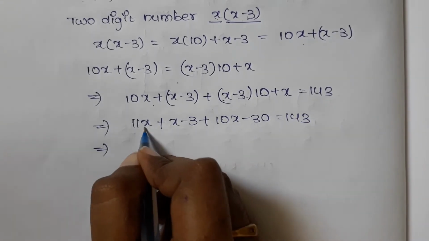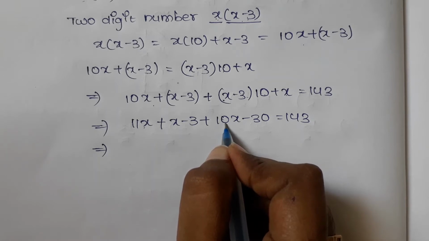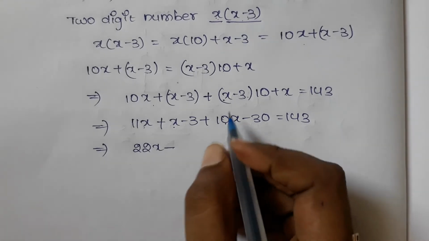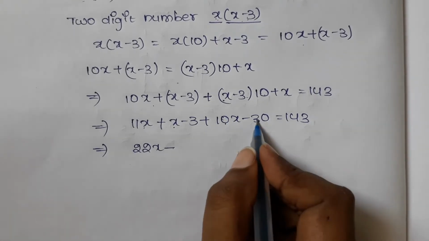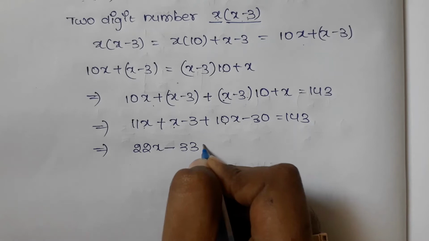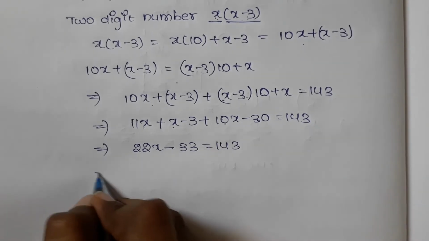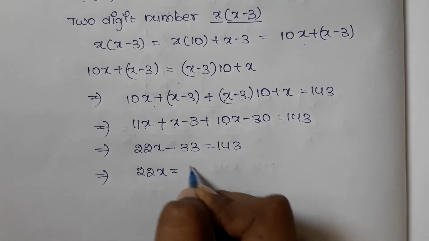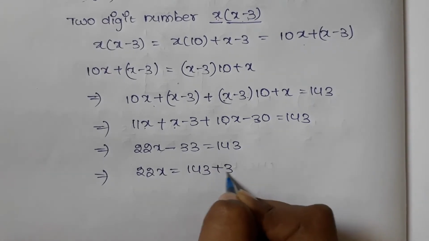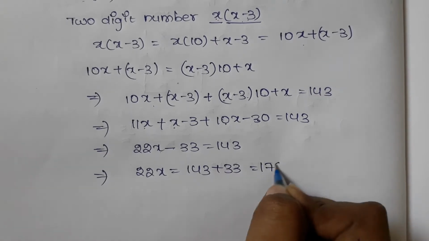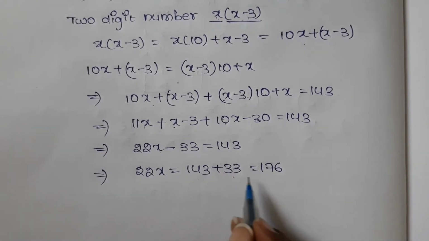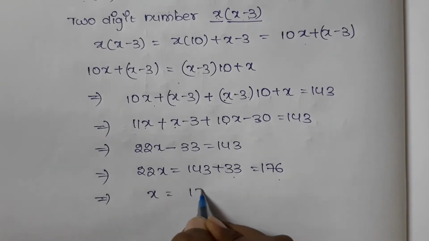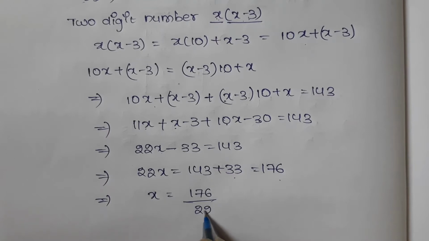Now 11x plus 10x is 21x, plus x is 22x, minus 3 minus 30, that is minus 33, equals 143. Now let us find the x value: 22x equals 143 plus 33, which equals 176. 143 plus 33 is 176. Now x equals 176 by 22.